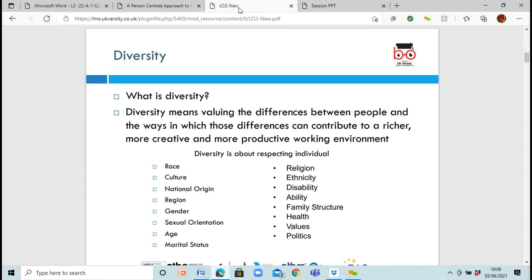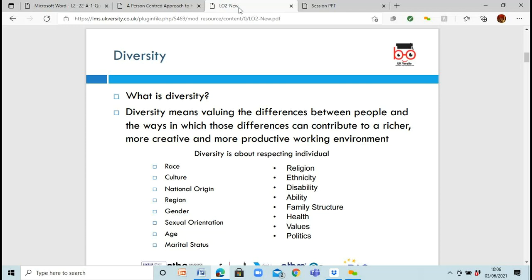So what is diversity? When we're looking at diversity, we're looking at valuing differences between people and seeing how those differences can contribute to a richer, more creative, and more productive working environment. So diversity is about respecting each individual.